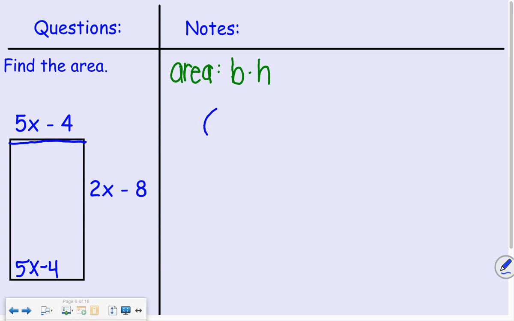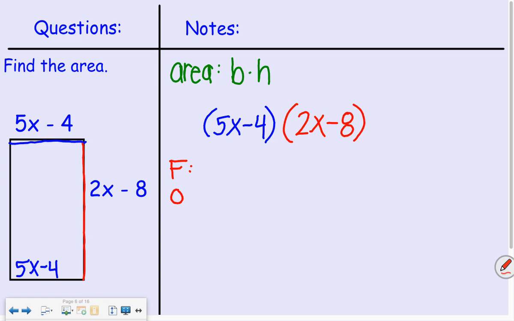So that is our base, 5x minus 4. And then our height is right here, which is the 2x minus 8. So now I have two binomials, and all I have to do is FOIL them, because they're being multiplied by each other, because it's base times height.